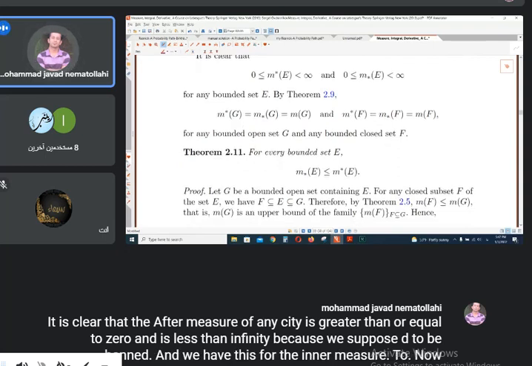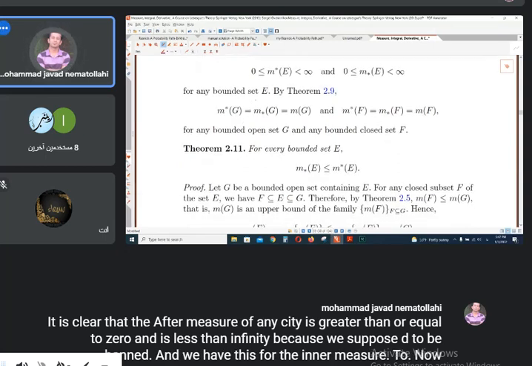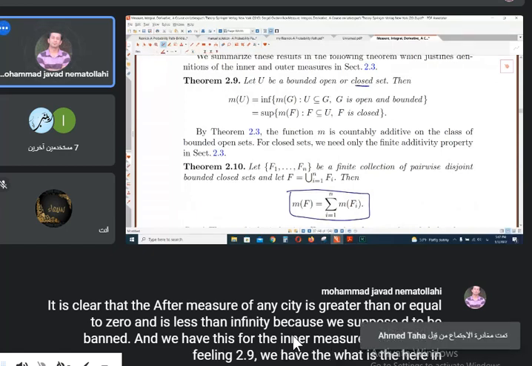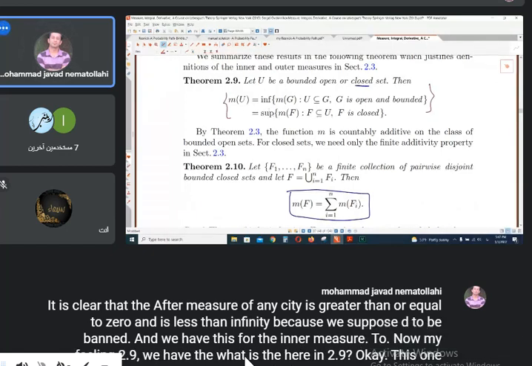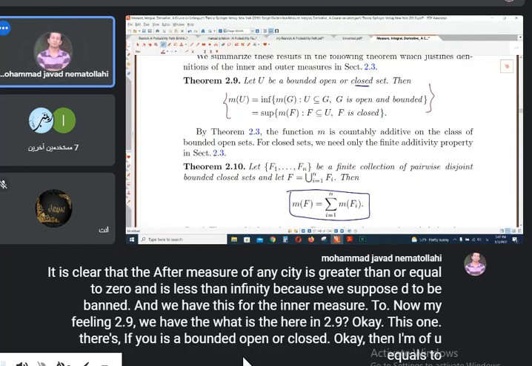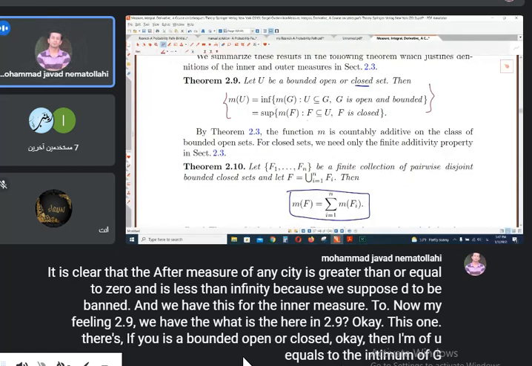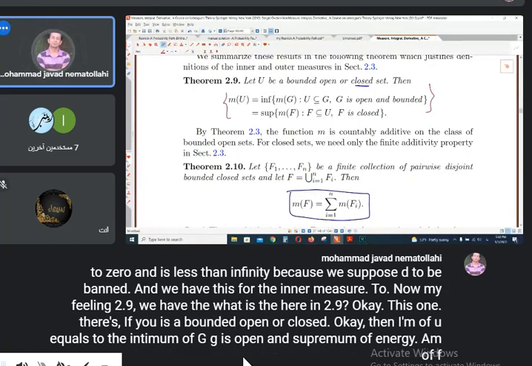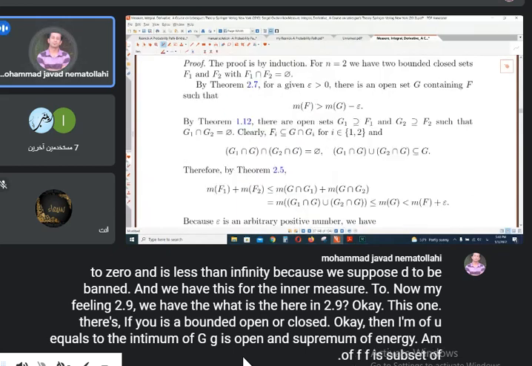Now, by theorem 2.9, that is, if U is a bounded open or closed set, then M of U equals the infimum of M of G, G open, and the supremum of M of F, F a subset of U.